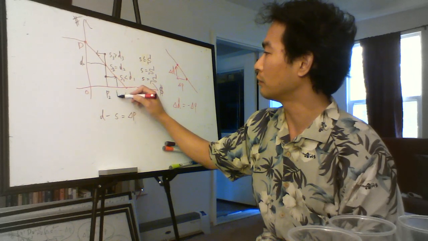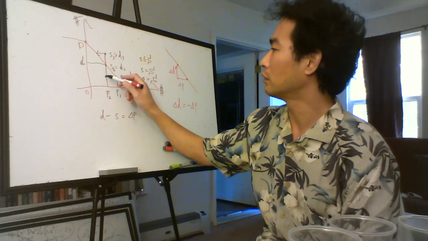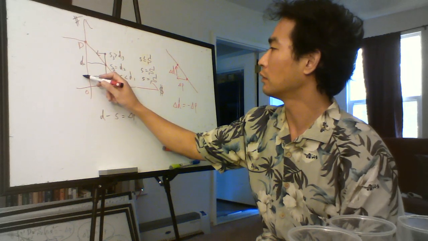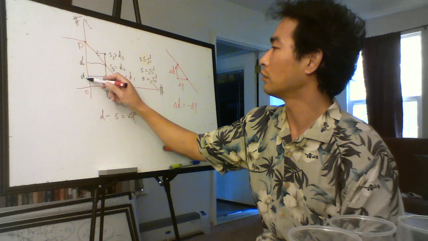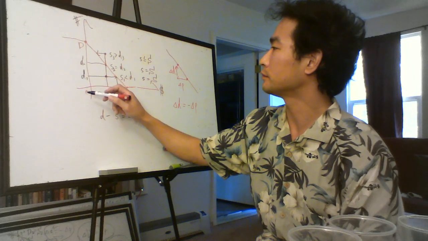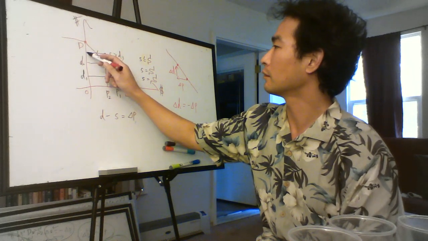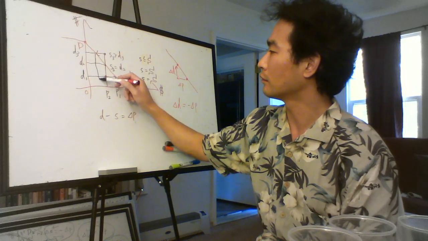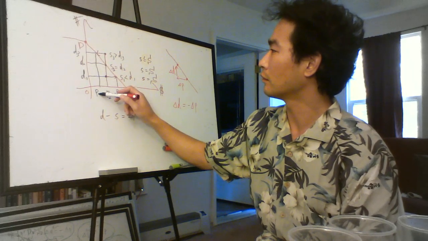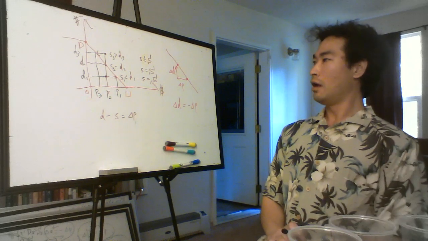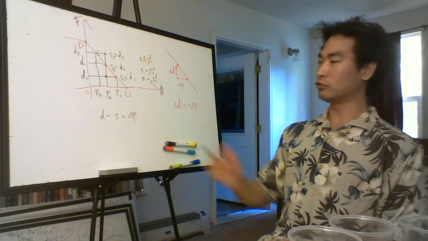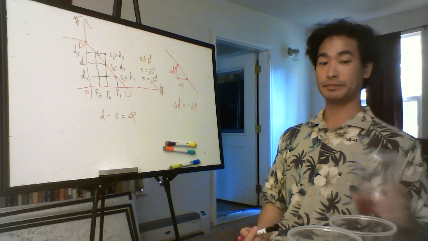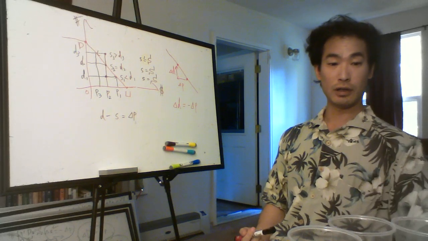Then you have price 1. Looks like some kind of scaffold in a construction zone, right? Yeah, good.